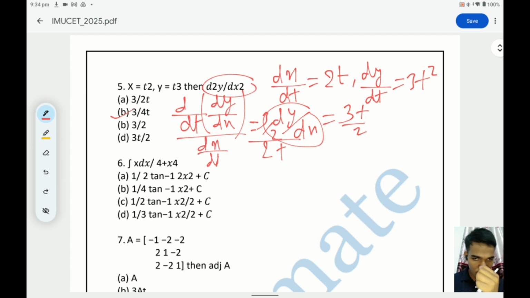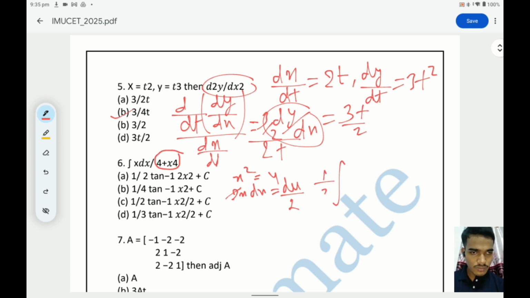Let's go for the next question. Here we can see that this is the format of 2 squared plus x squared. So we suppose x squared is equal to u. Then 2x dx will be du, so x dx will be du upon 2. Then our value will be 1 upon 2 du, and we can write 2 squared plus u squared.